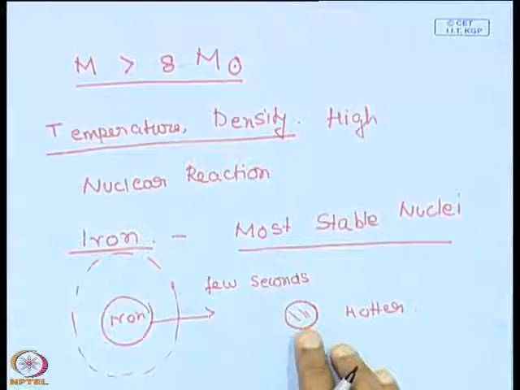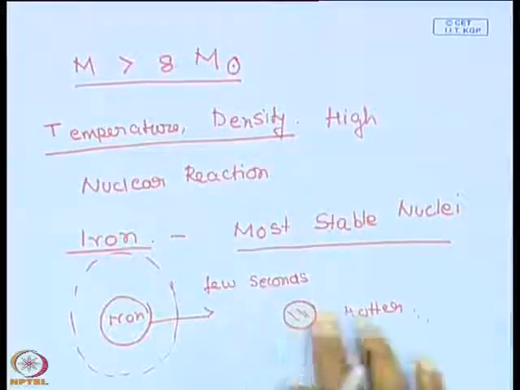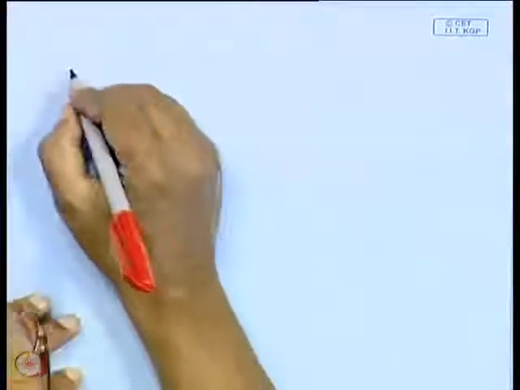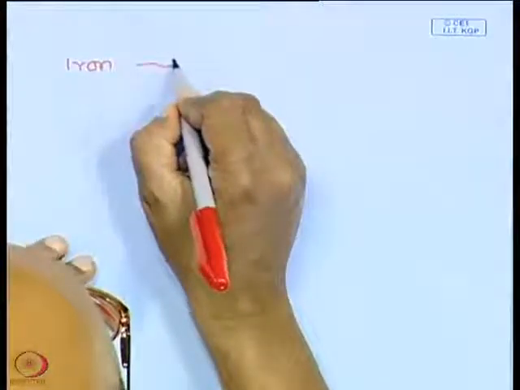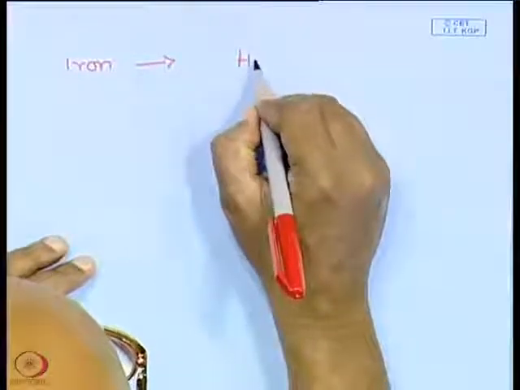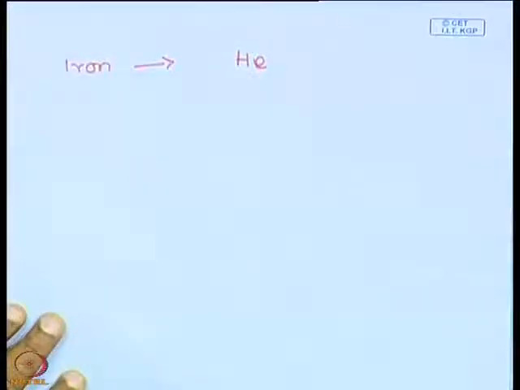When it collapses rapidly, there is enormous heat generated, and what happens is that the iron again breaks up into helium, and in the process it absorbs energy. This is an endothermic reaction.